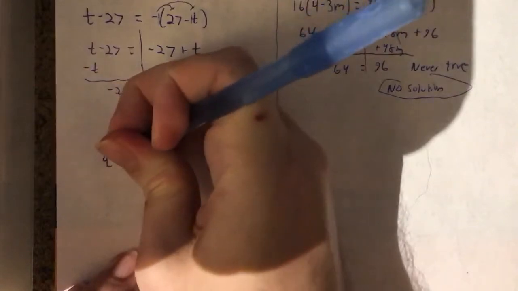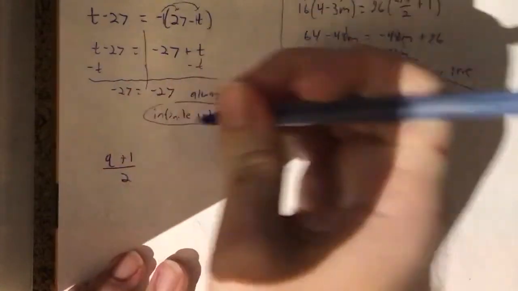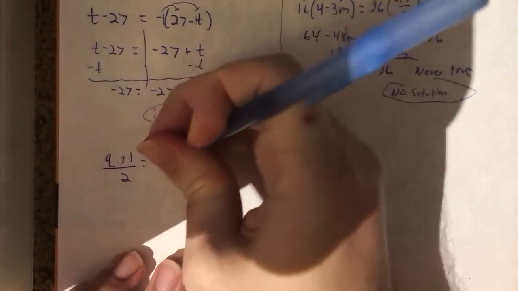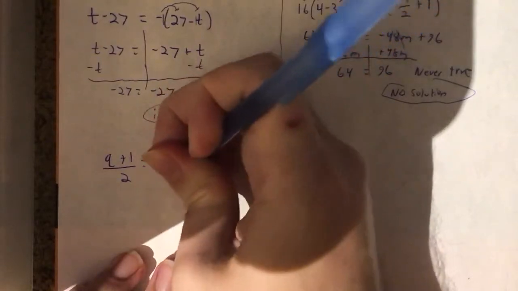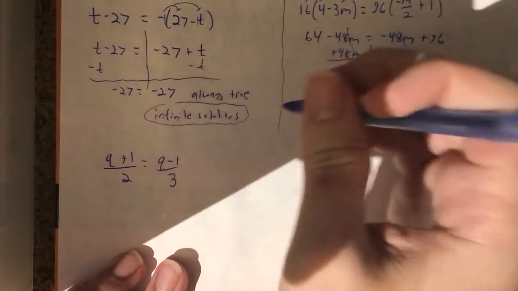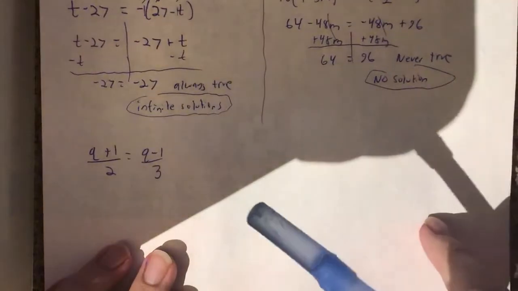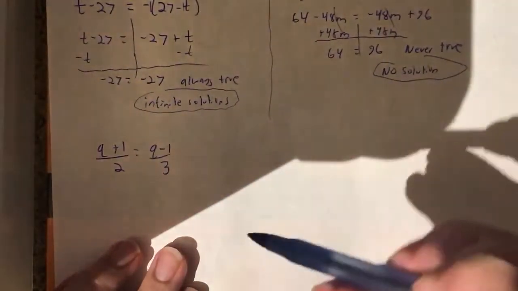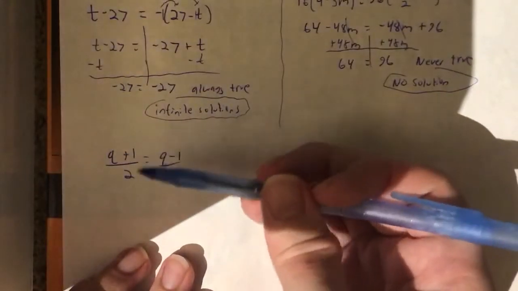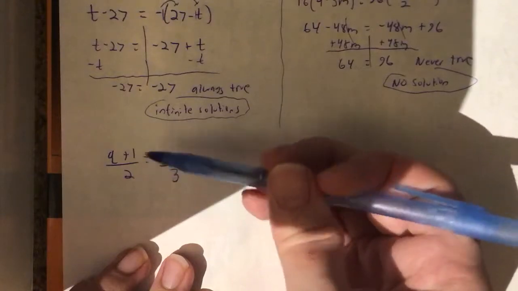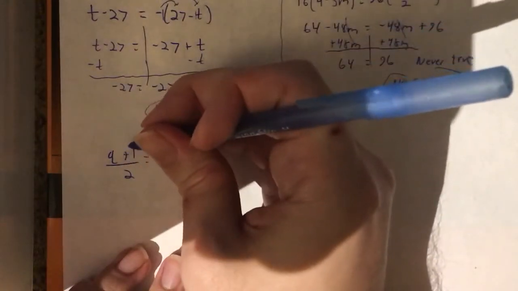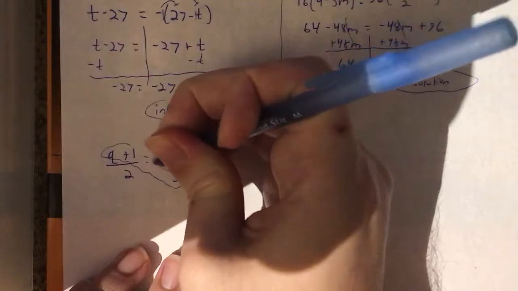One more example on this. Let's say I have two fractions equal to each other. q plus 1 over 2 equals q minus 1 divided by 3. And I want to solve for q. So whenever you have an equation with a fraction like so, I can cross multiply. I can crisscross.